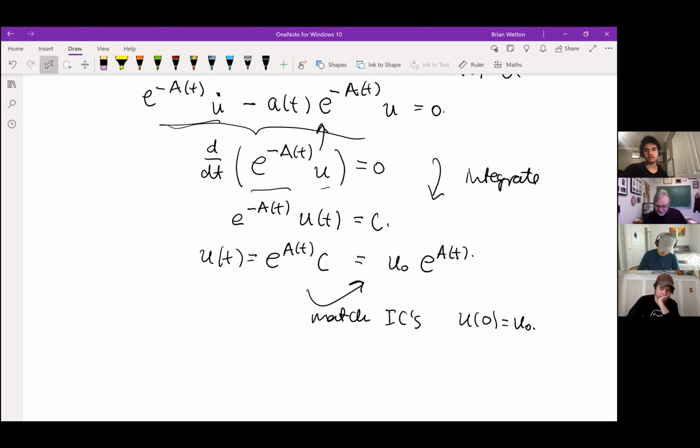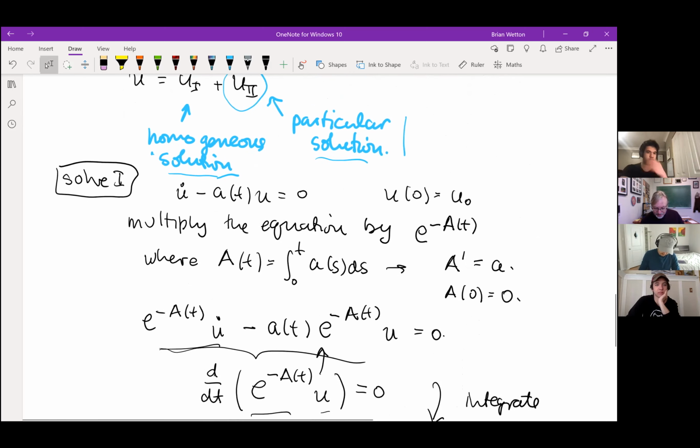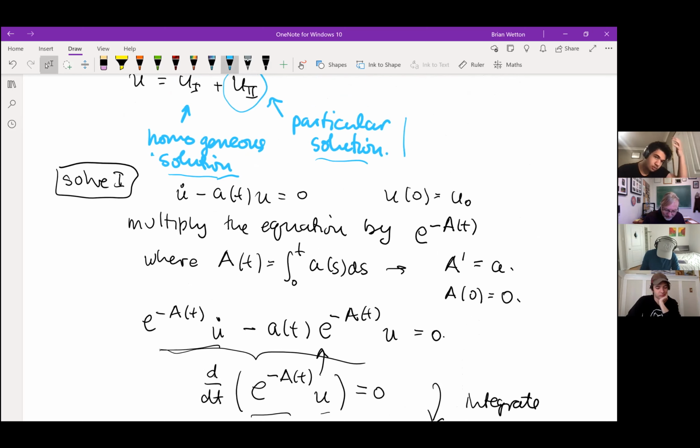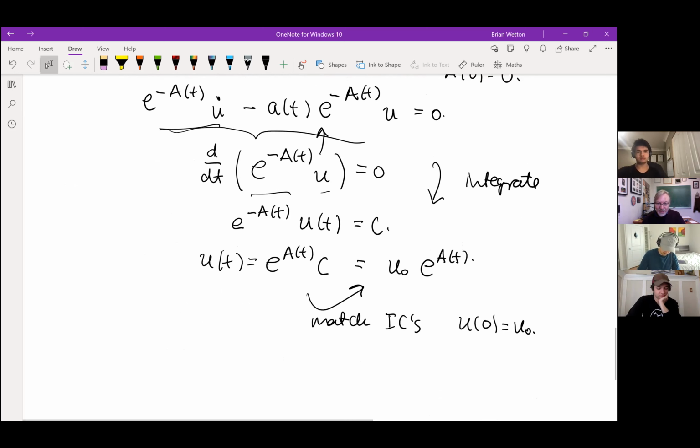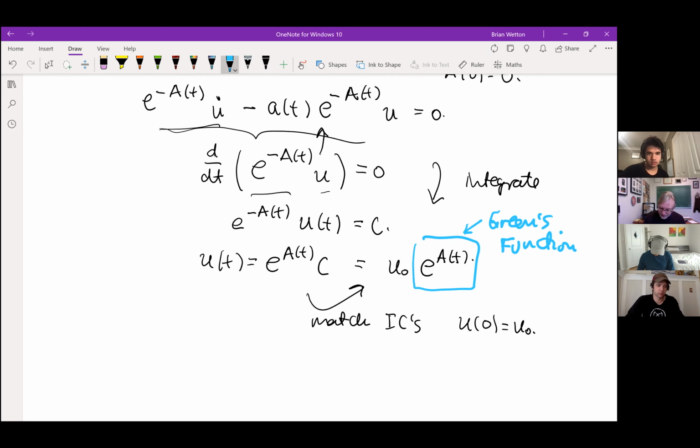Okay, so when I talk about the initial conditions for this problem, there's only one scalar value. And so I'm going to do something that's a little bit unusual. This is not what people usually say in words. But I'm going to call this thing here the Green's function for the initial conditions.